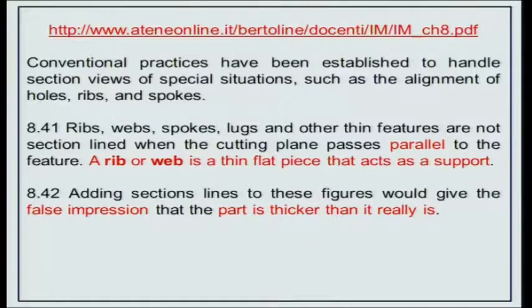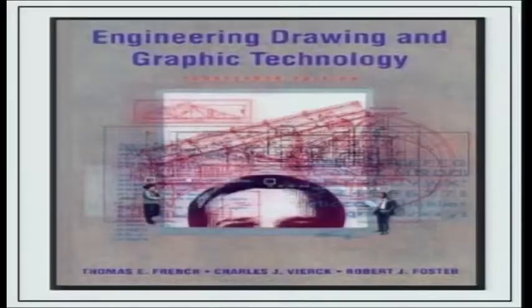A rib or web is a thin, flat piece that acts as a support, something that I have been talking about for quite some time, supporting elements. 8.4.2, adding section lines to these features would give the false impression that the part is thicker than it really is. Okay? Something that I have covered, don't worry about it.